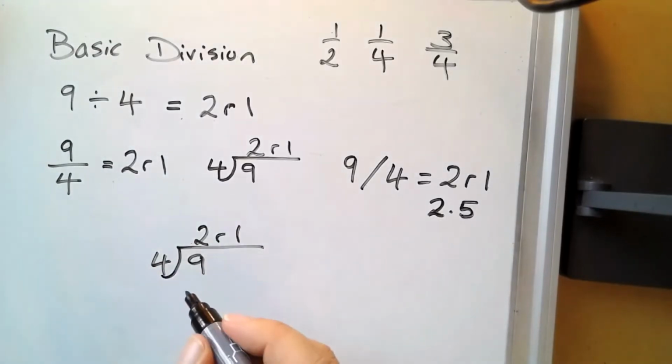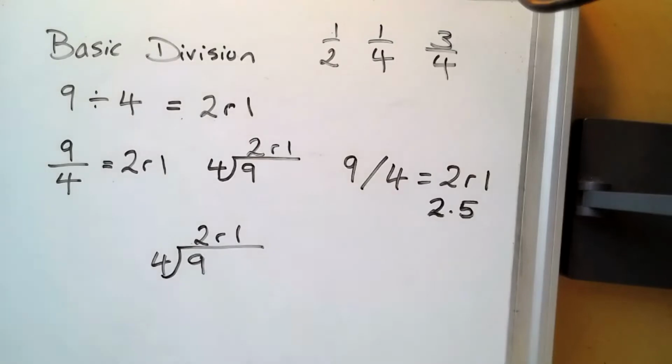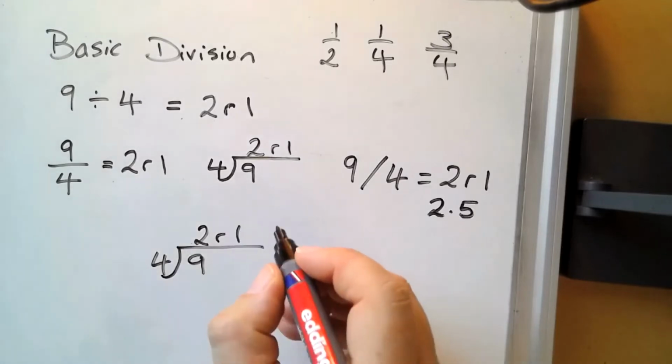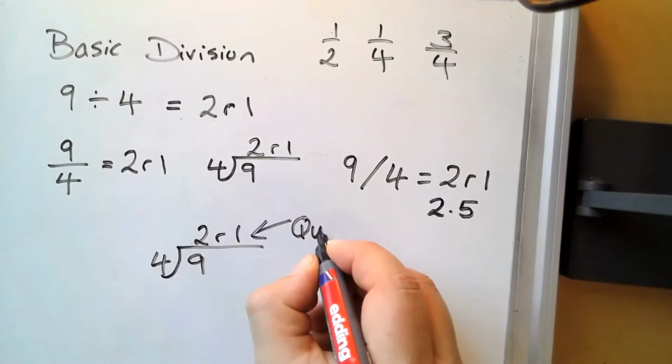Now, one of the things that I've put on the notes is what these elements are called. I call this the bus stop. It's like a bus shelter here with the numbers underneath. And we have special names to call them. So this top number here, we call the quotient.